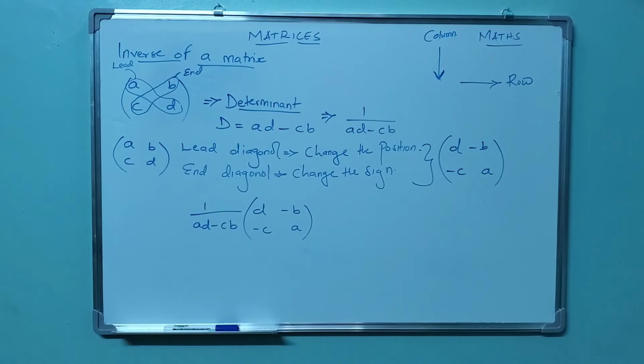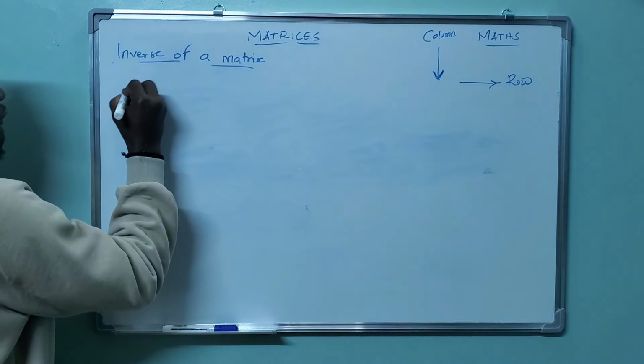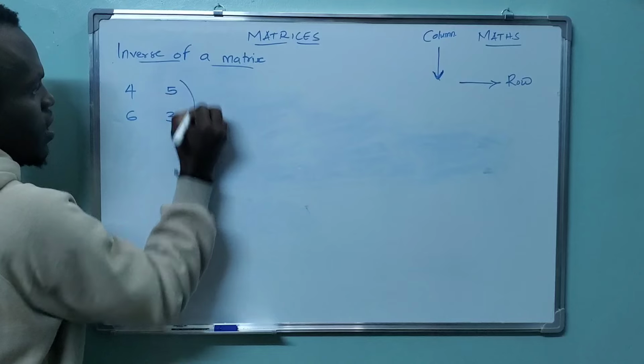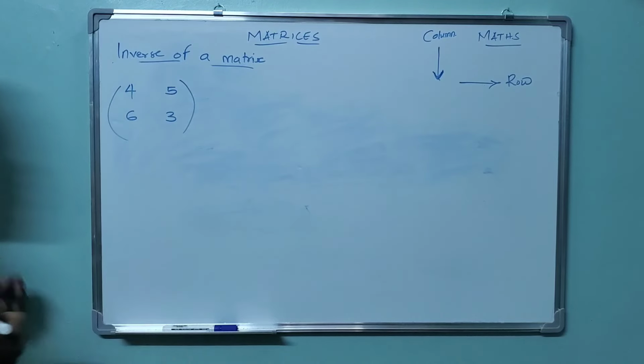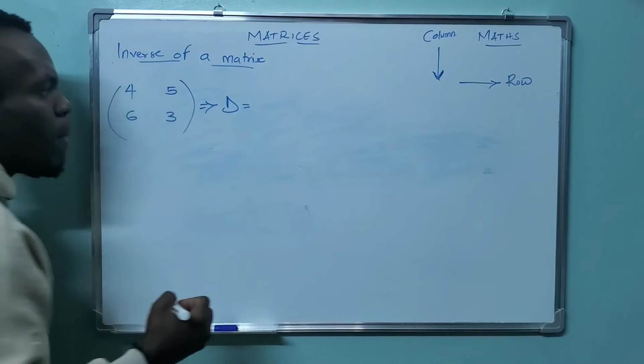Now, I want us to try some example. Let's say for instance, given a matrix maybe 4, 5, 6, 3. I've been told to get the inverse of that matrix. How am I going to get the inverse of that matrix? Remember, you have to get first of all the determinant. Let us get the determinant.